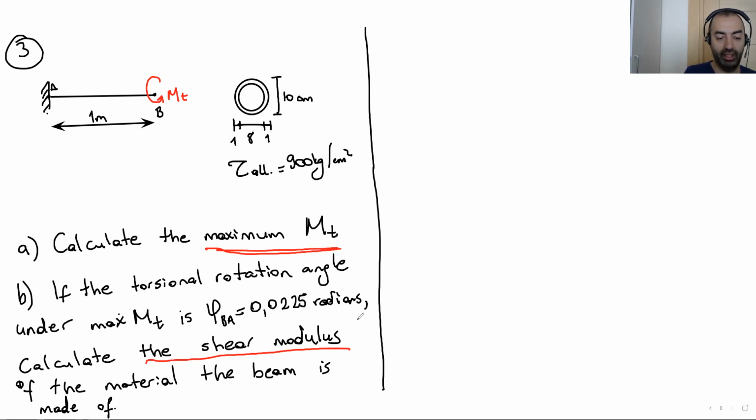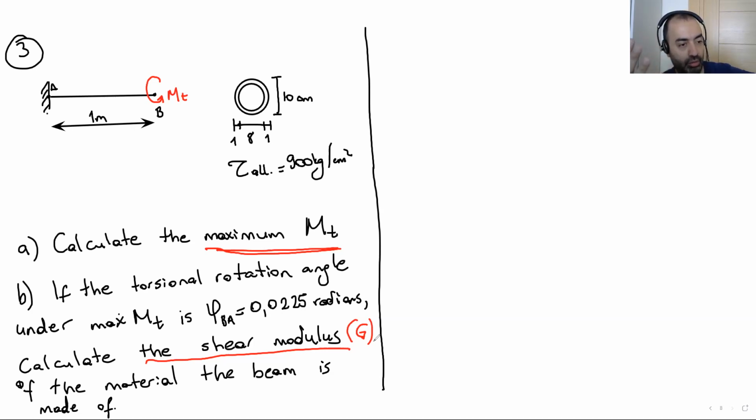The shear modulus here is, remember, G. G is not given in the question here. We have to calculate G depending on the given information. We are going to do the same things. We have two equations in total.